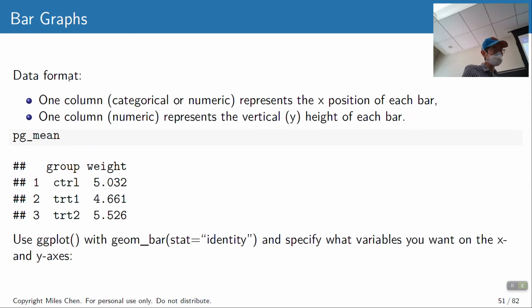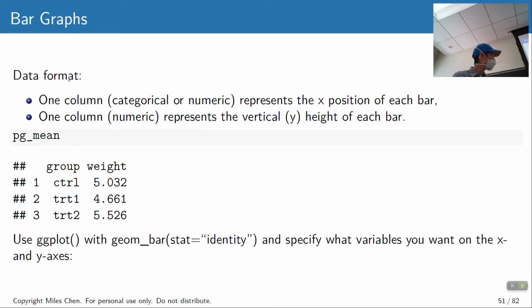Let's start with bar graphs. Sometimes you'll have a chart where one column represents just the group: control, treatment 1, treatment 2. That's going to be on the X position. And Y is just the value you want plotted.